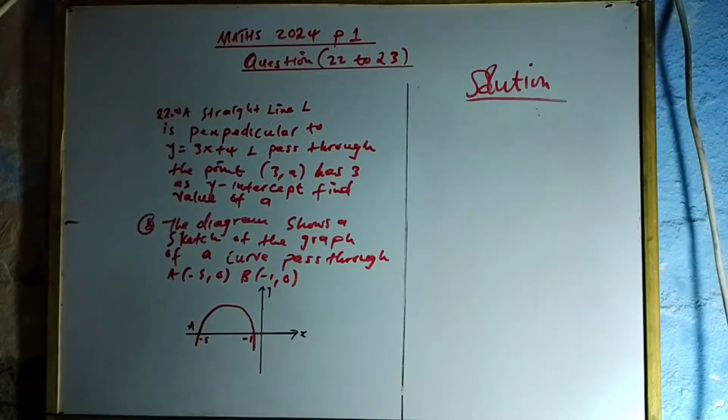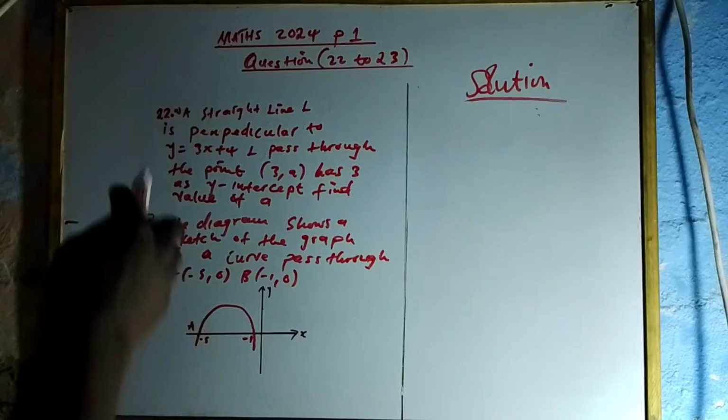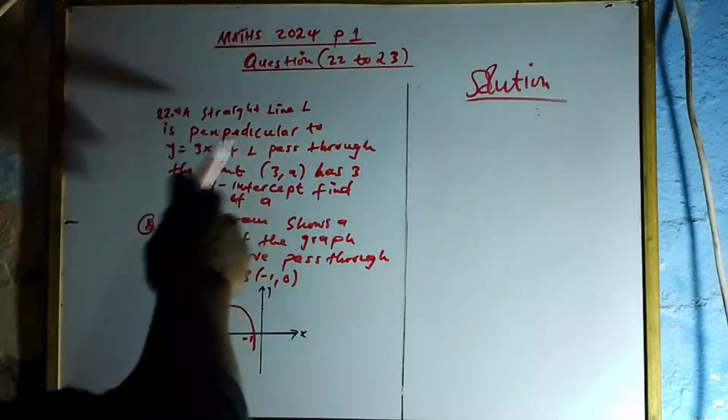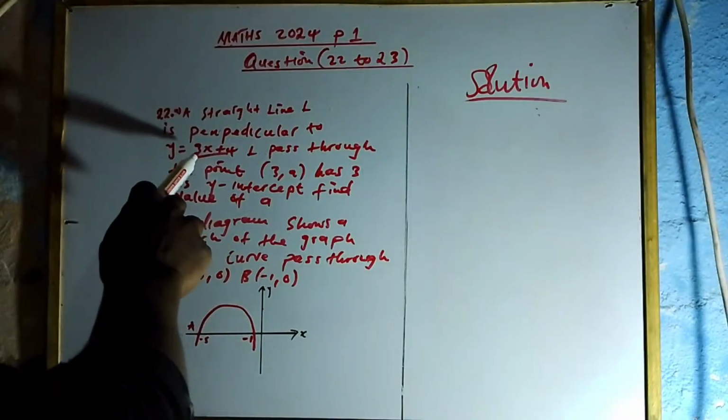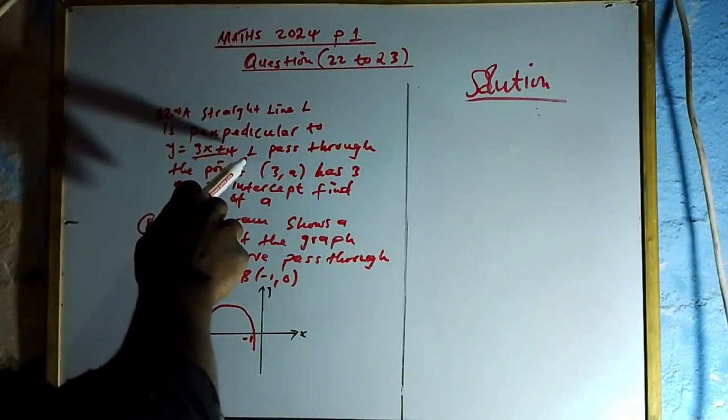Okay, and the question is: a straight line L is perpendicular to the line y equals 3x plus 4.